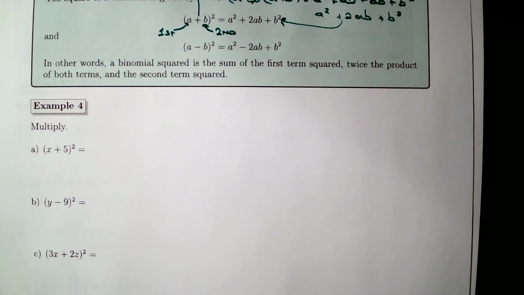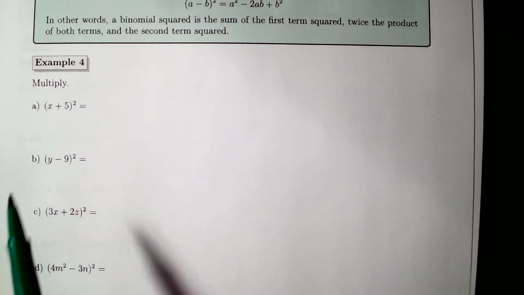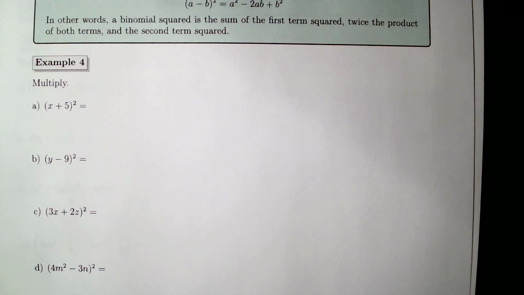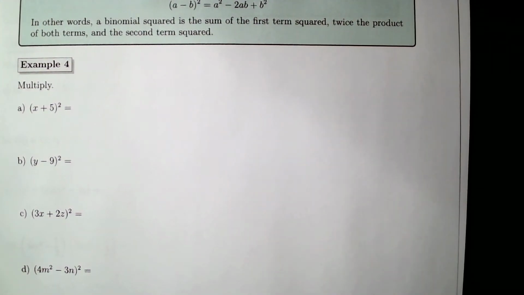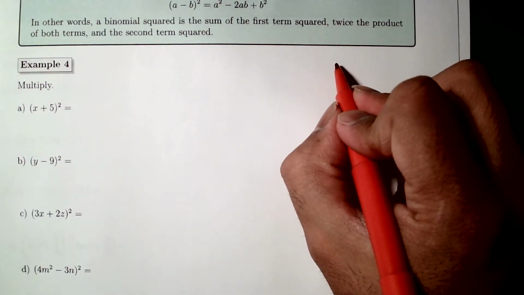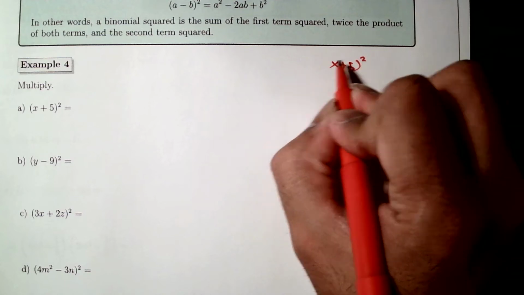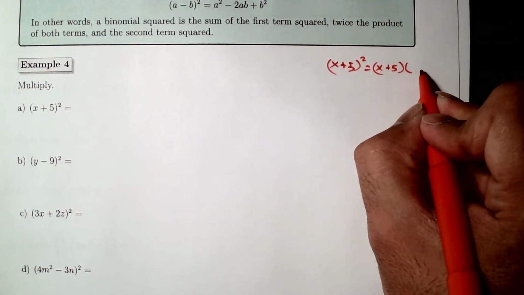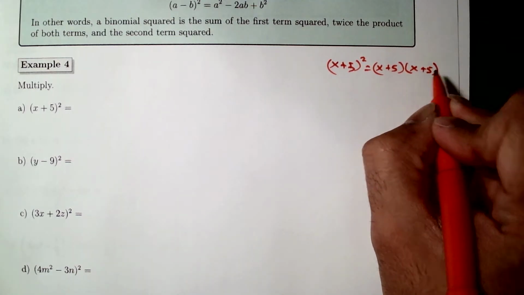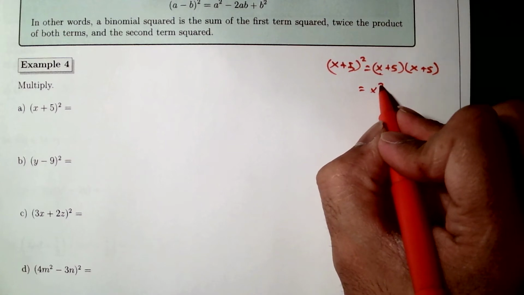Alright, so let's multiply this. Okay, let me do this one the old way. I'm going to do that on this side of the page. So x plus 5 squared is the same as saying x plus 5 times itself. So in this case, x times x equals x squared.